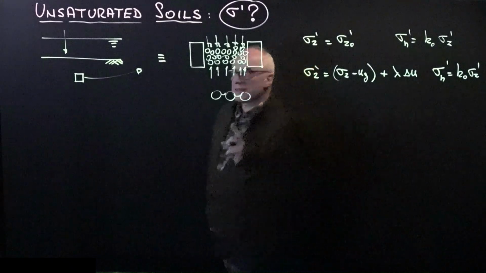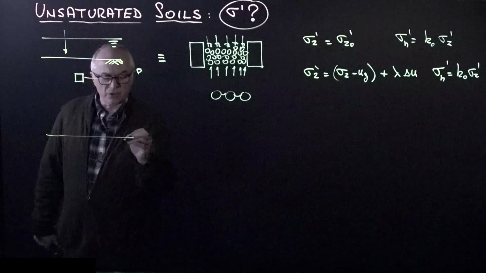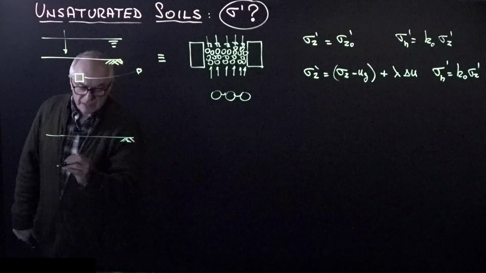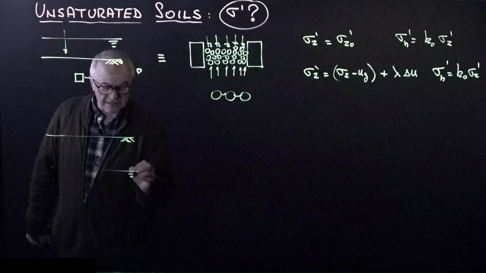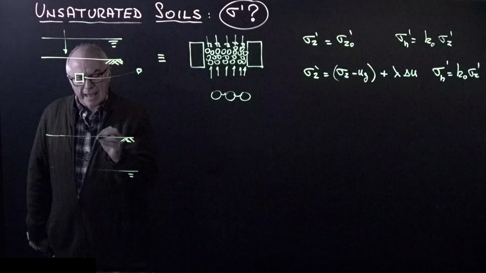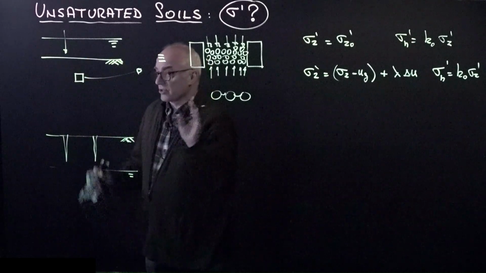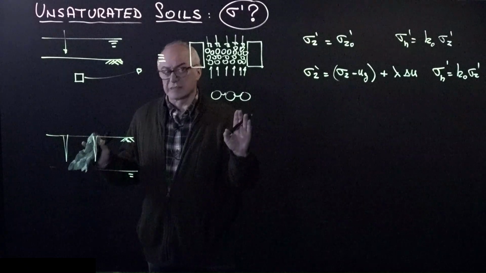Now, very soon, we are going to reach a situation where the water table is going to be way down here, and the soil is going to be under significant suction, and cracks may form. And between cracks, the soil may be perfectly saturated still.